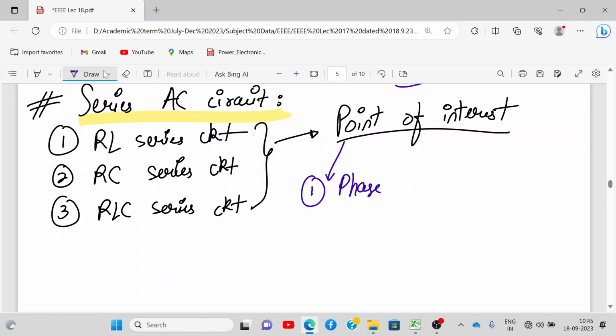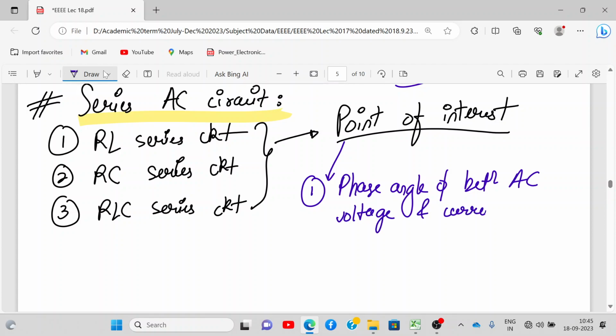For all of them, it's a common procedure. We find these things for every circuit. So find out phase difference or phase angle between AC voltage and current. Second point of interest will be, anyone? Nature of the circuit. Now you will say RC, RL, RLC. How do I know the nature of the circuit?